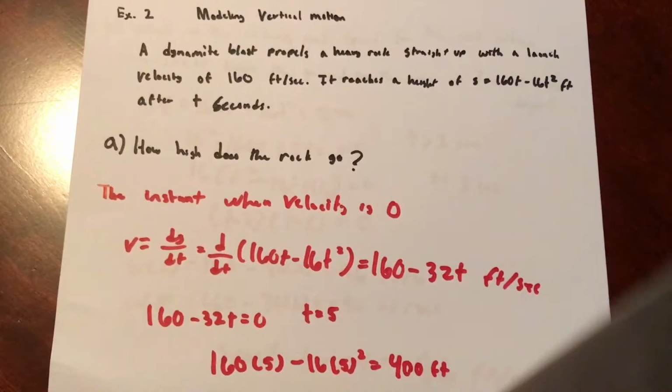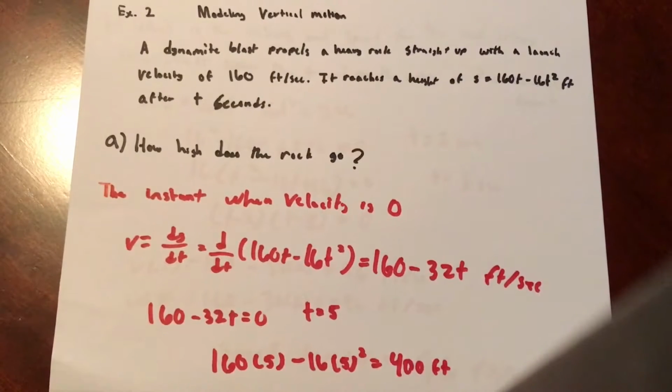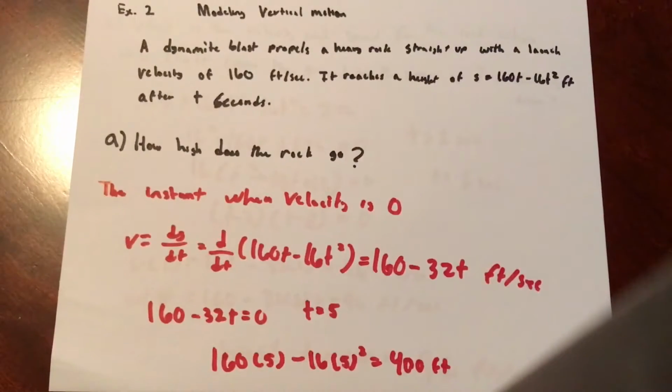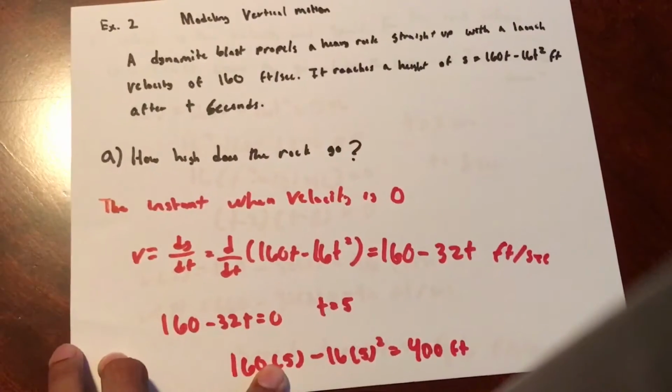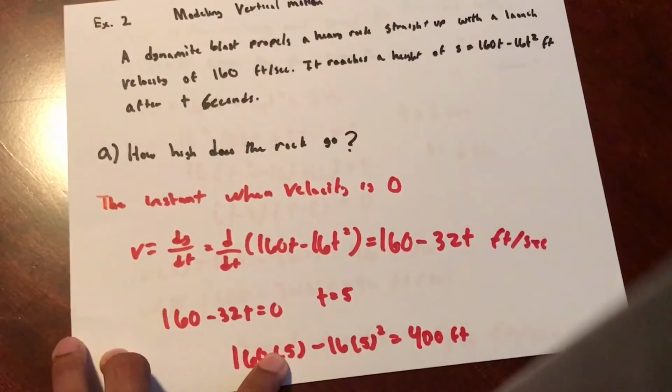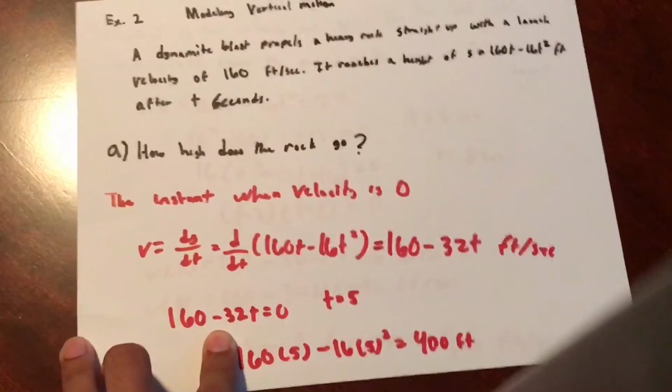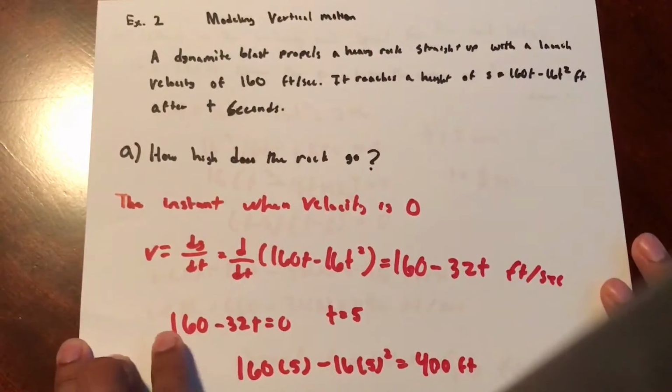The first part in solving A is to find the instant when the velocity is 0. So we're going to have to find the velocity and make it equal to 0. So we have v equals ds/dt of 160t minus 16t squared, which equals 160 minus 32t feet per second. Setting 160 minus 32t equal to 0, we have to find t, and if we plug in 5, then it's 160 minus 160.